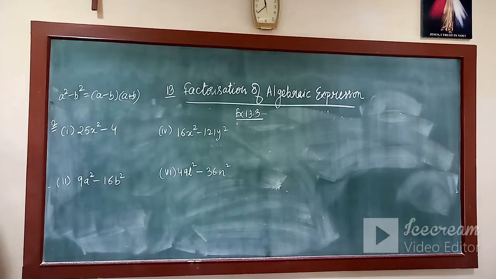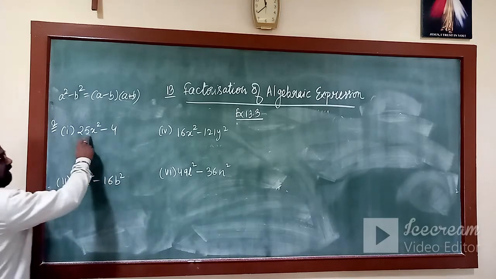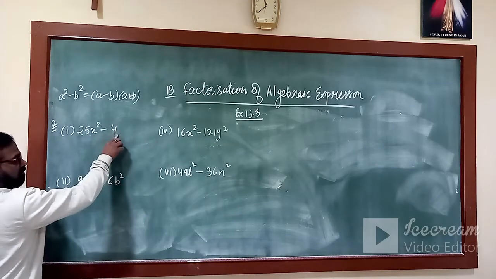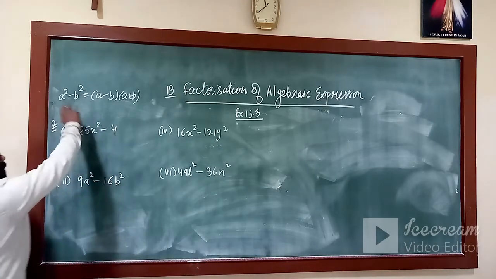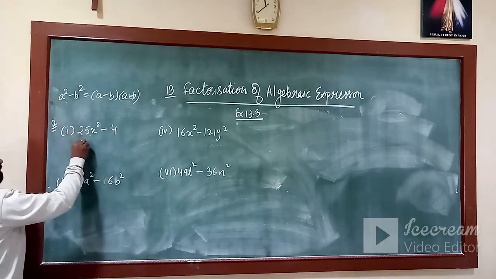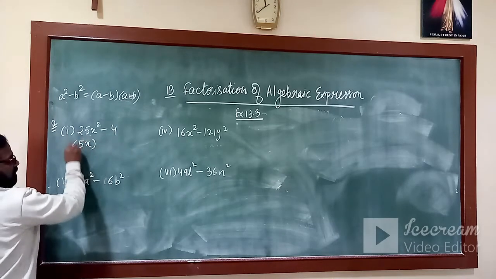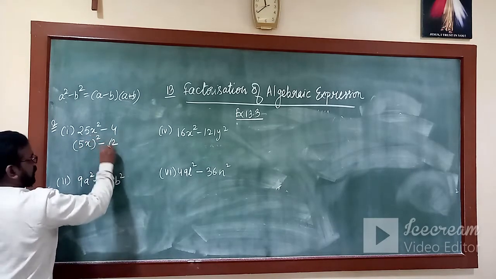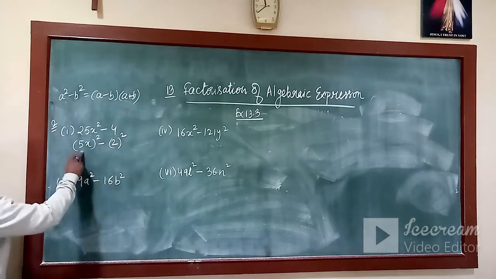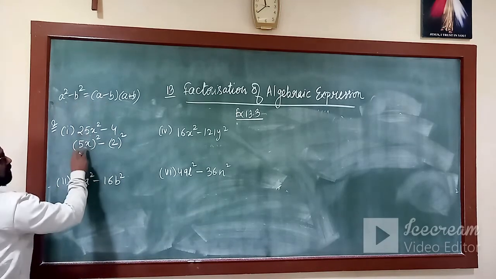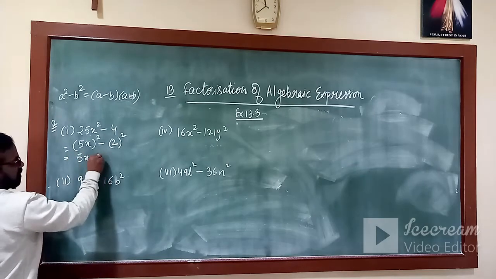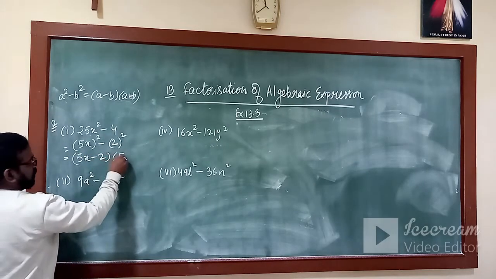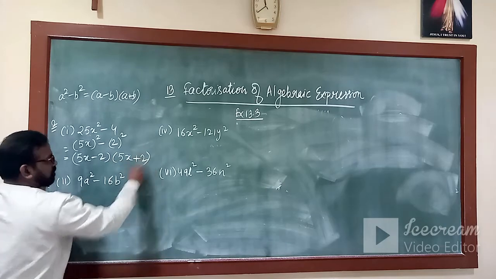Now a square minus b square, okay, you want to apply it, but a square is there, maybe b square is there, but plus minus 2ab is not there. So now coming to the third one, that is a square, and 4 can be written as 2 square. So which identity is matching now? So this is your a, this is your b. So what will be the answer? 5x minus 2 into 5x plus 2.